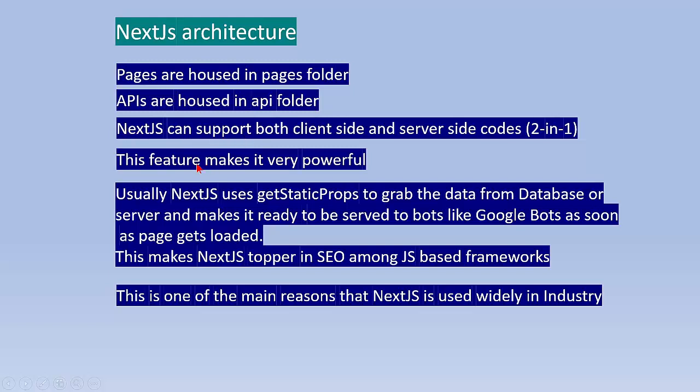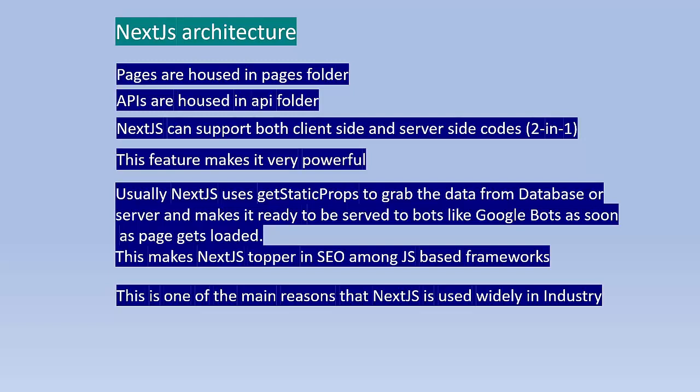Next.js can support both client-side and server-side code, which is 2-in-1. This feature makes it very powerful. Usually Next.js uses getStaticProps to grab the data from a database or server and makes it ready to be served to bots like Google bots as soon as the page gets loaded. This makes Next.js a topper in SEO among JavaScript-based frameworks.